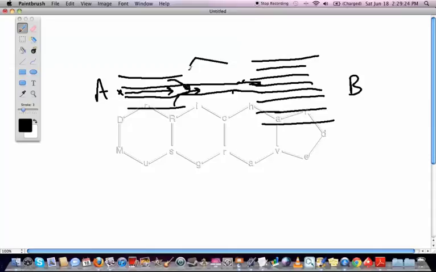So how quickly you get from A to B will be determined by what's going on in this bottleneck. And that's what we're going to find with rate of reactions as well.